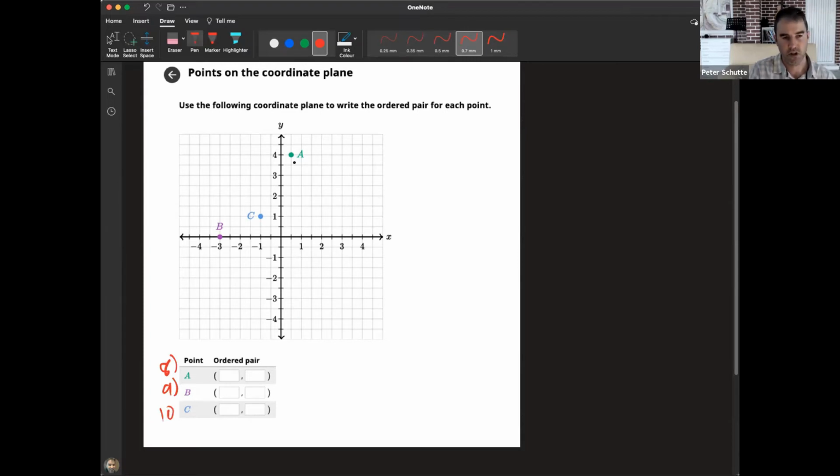I want you to look at this and try to read off the answers using the idea from earlier, even though I haven't modeled it for you. What do you think the coordinates of A are, which would correspond to 8? I'm going to give you 2 minutes to do that, because this is the real important idea of the lesson: can you figure out what a point's coordinates are, and can you do the opposite of that? That's the main idea for today.